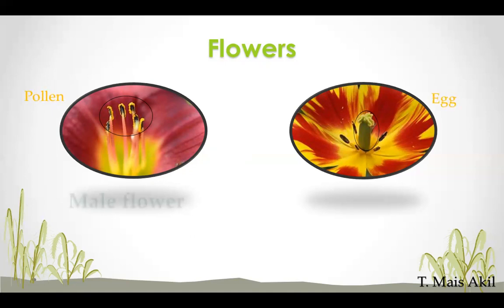We call the ones that make the pollen male flowers, and the ones that make the egg female flowers. As with all living things, as the animals, as people, there is male and female. Even the flowers are male flowers and female flowers. Even the plants have male and female. And as we said, the male flower makes pollen. The female flower makes the egg.